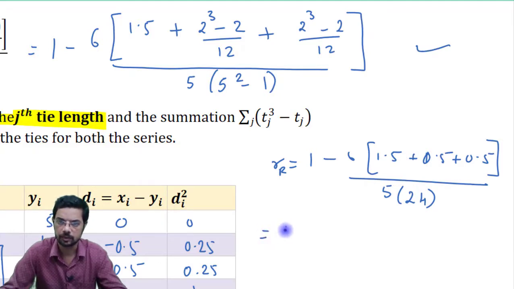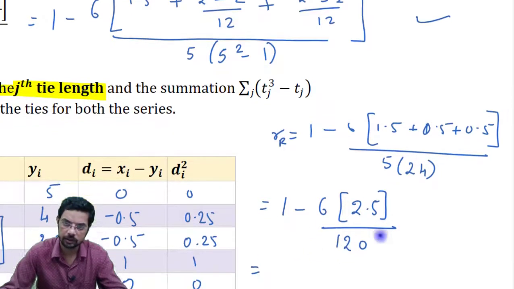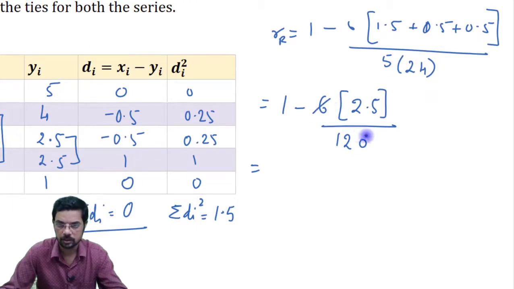So finally this becomes 1 minus 6 into 1.5 plus 1, that is equal to 2.5, whole divided by 5 into 24. 5 into 24 is 120. So when we calculate this, 6 twos are 12, so we have 25 by 200 here.